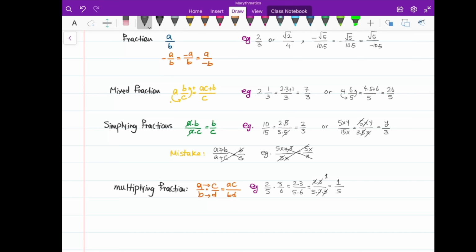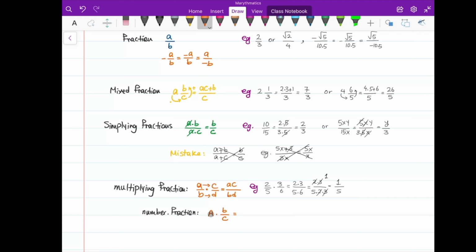Okay, so sometimes we have a number times a fraction. When we have this situation, it would be like this. We have a number a that is multiplying by a fraction b over c. The answer for this is that a is going to multiply the numerator.